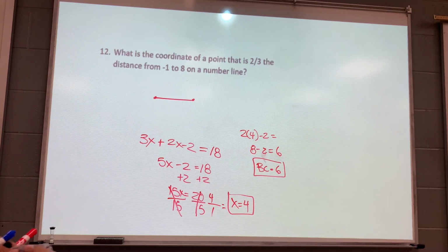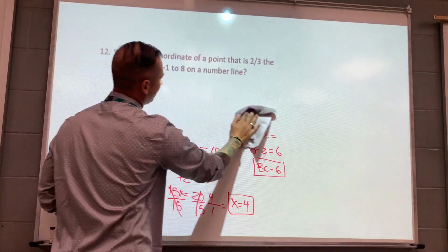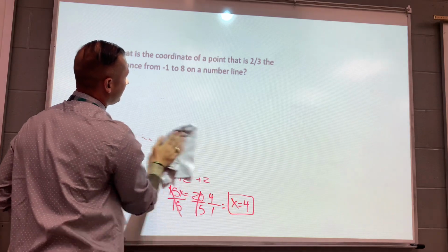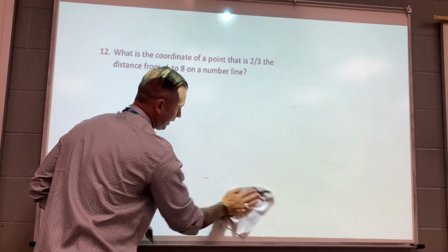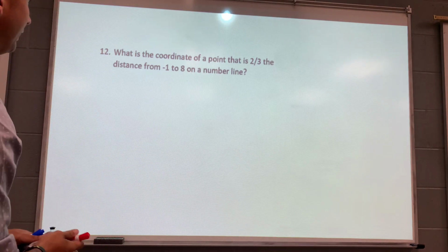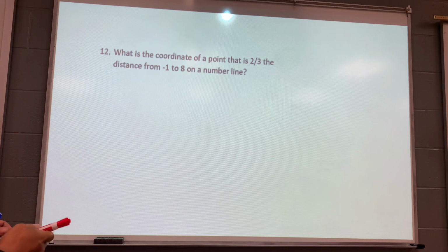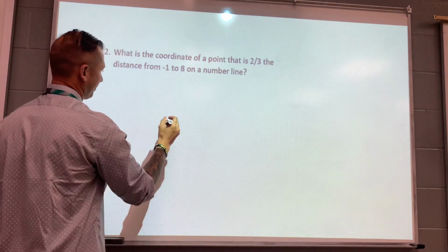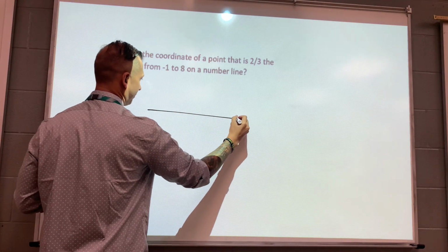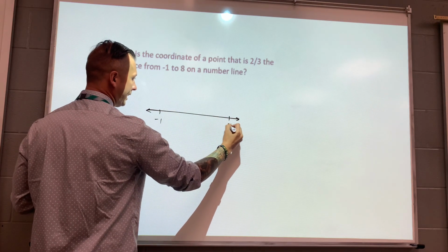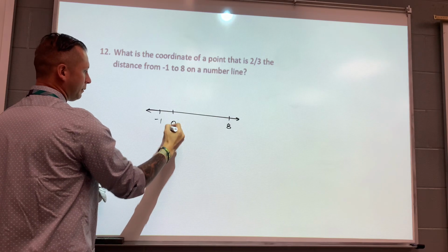All right, number 12. This is a warm-up question that we had a while back. What is the coordinate of a point that is 2/3 the distance from -1 to 8 on a number line? So here's -1, here's 8. I know 0 is going to be here.